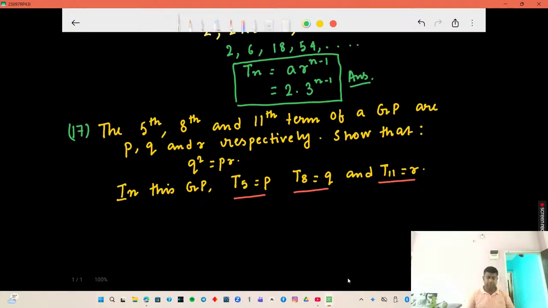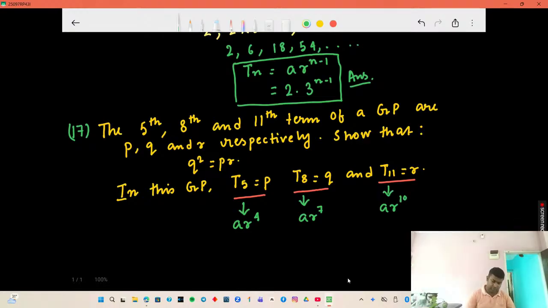So what is T5? T5 is A r to the power 4. What is T8? A into r to the power 7. What is T11? A into r to the power 10.